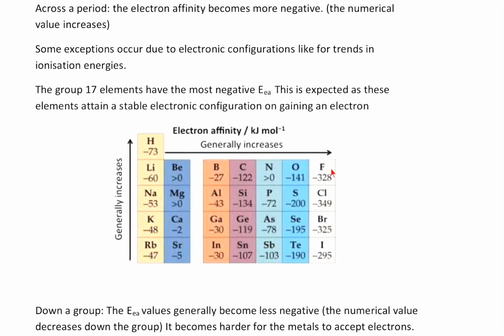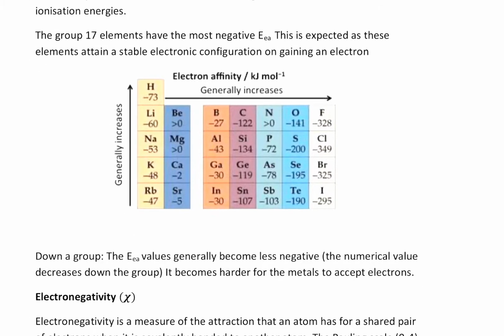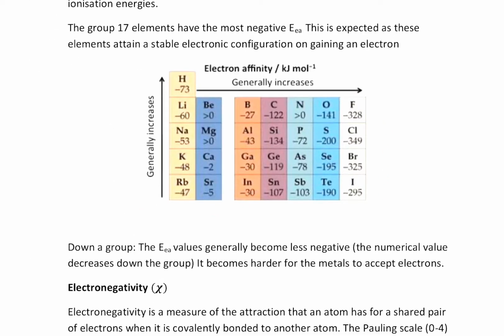And if you look down group 17, group 17 has the most negative electron affinity values. These values are the highest, and if you look down the group, what happens is that as we're moving down the group, you know that the size of the atoms is going to increase, so it becomes bigger, which means that the nucleus is further away from the outermost shell.